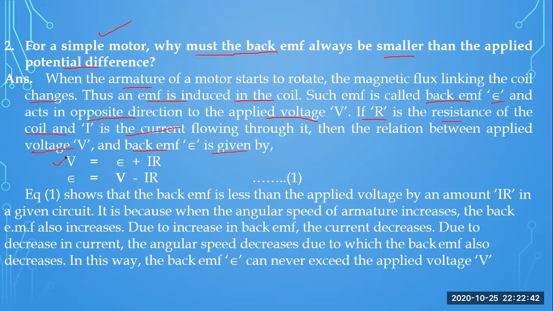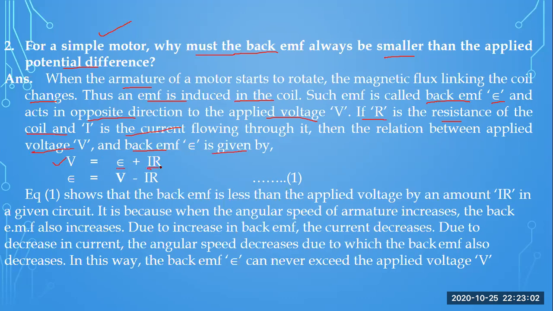This is basically the applied voltage. It is equal to the back EMF, which is produced after the coil is rotated and the armature is rotated in the magnetic field, plus IR. The flux changes and it induces EMF in the coil, and as a result, it opposes the further changes.